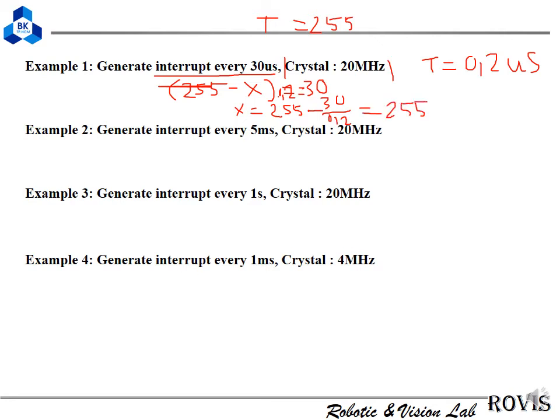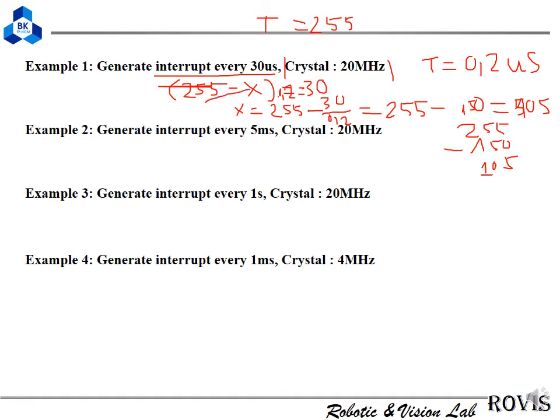It will equal 255 minus 150, right? 255 minus 150 equals 105.